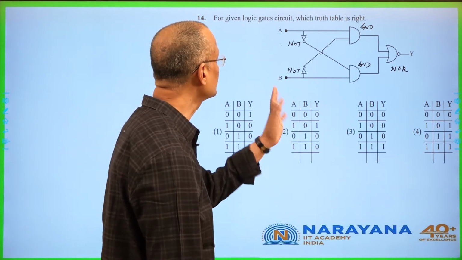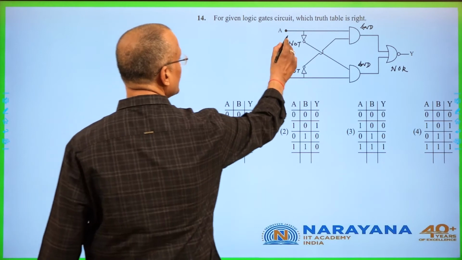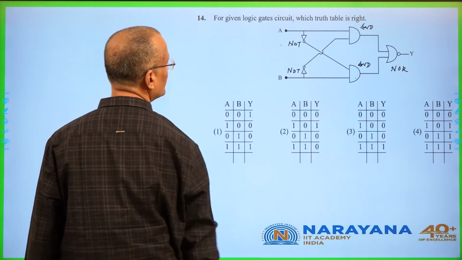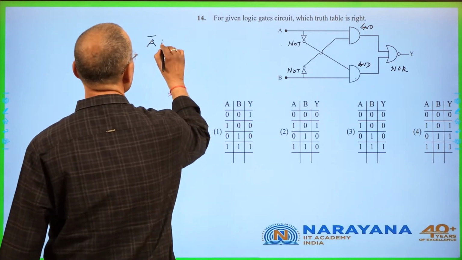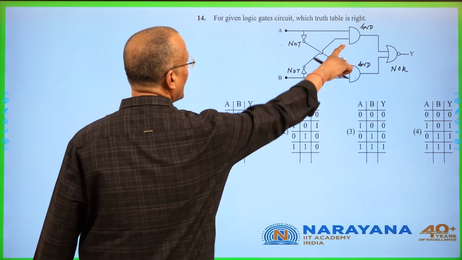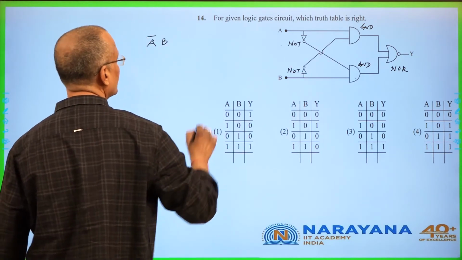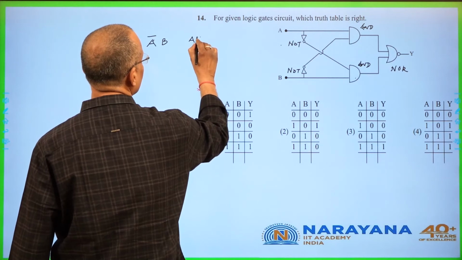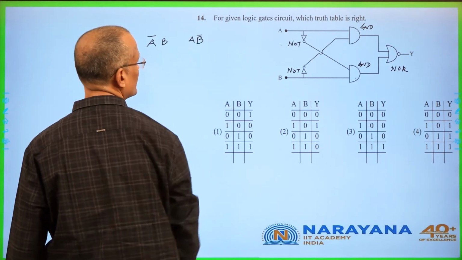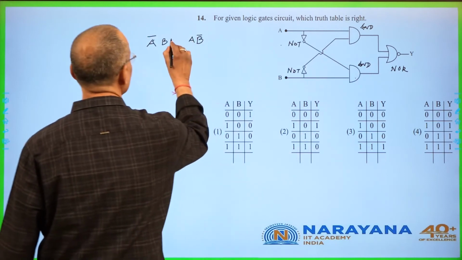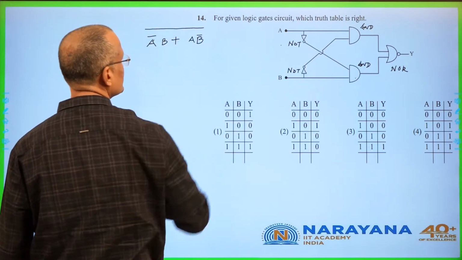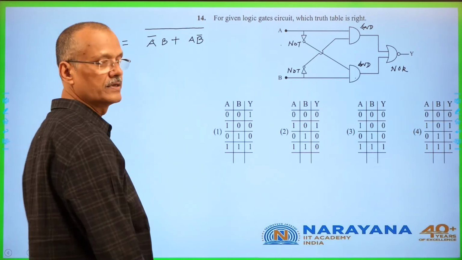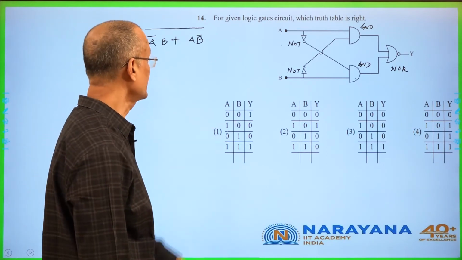So finally, what is Y? Here it is A naught, directly B, and here you have A, B naught, and this is NOR, plus this is NOR, this is your Y. Clear, no? Now you will have to check each one.